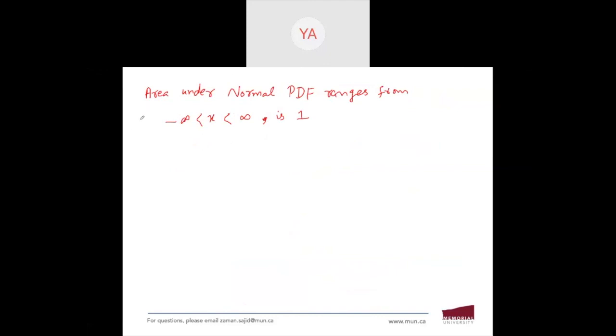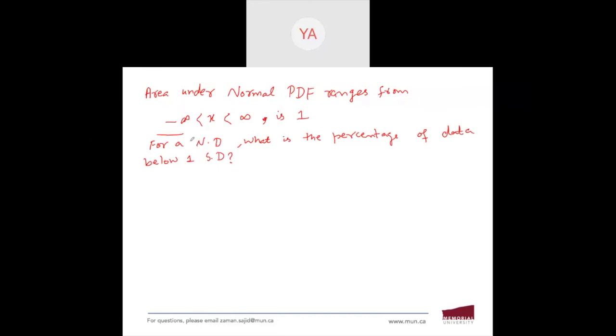Let's say we have a question: for a standard normal distribution, what is the percentage of data below 1 standard deviation?